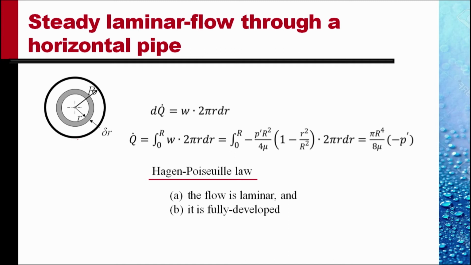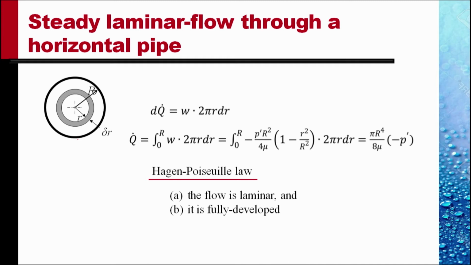This is known as Hagen-Poiseuille law. We have assumed the flow to be laminar and fully developed. Fully developed is an assumption we made explicitly. Where have we made the assumption that the flow is laminar?